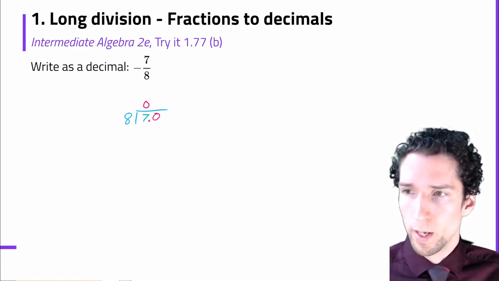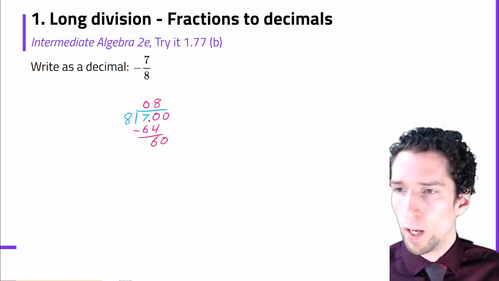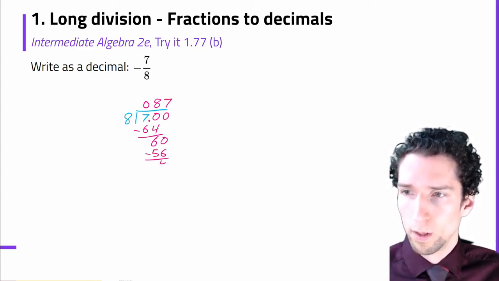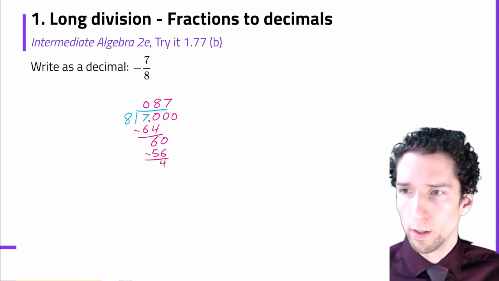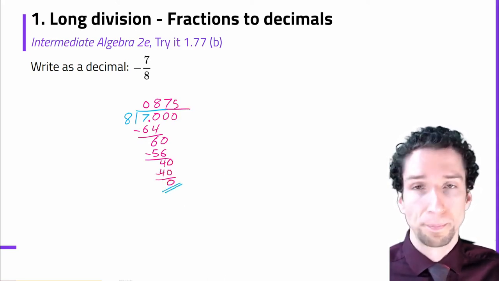So 8 into 70, well, that's 8 times for 64, and we get 6 down here. Okay, 0, 8 into 60. Well, that is going to be 56, so 7 times. And then 4, and hey, we have our 4 again, so 8 into 40, that's exactly 5, 40, and 0.